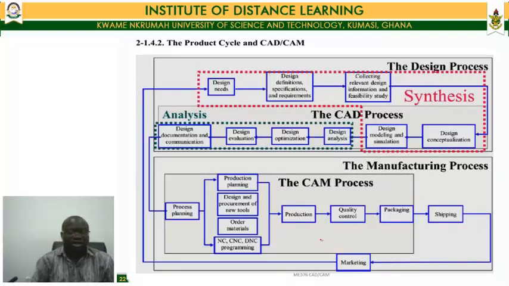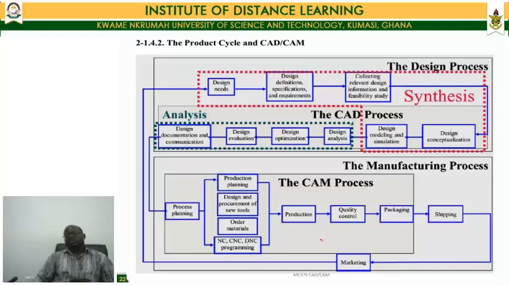Okay, so now let's look at a typical product life cycle, and look at where CAD can sit. Right. Now, if you take a typical product life cycle, we have the design process, and then we have the manufacturing process.